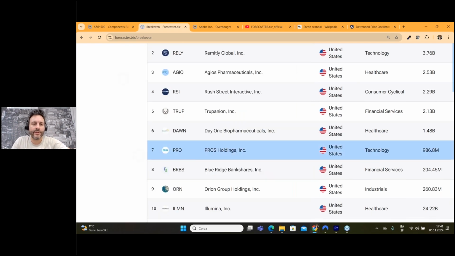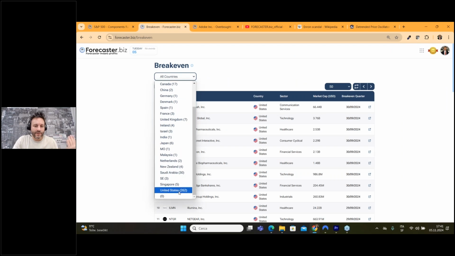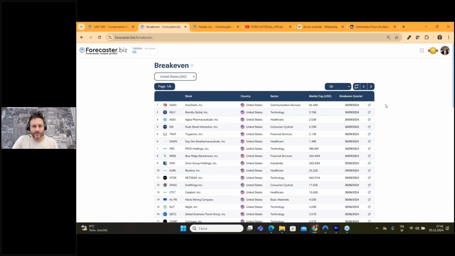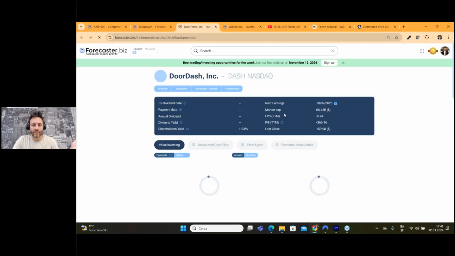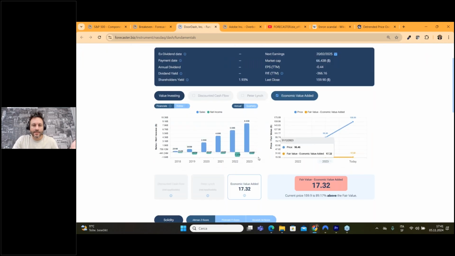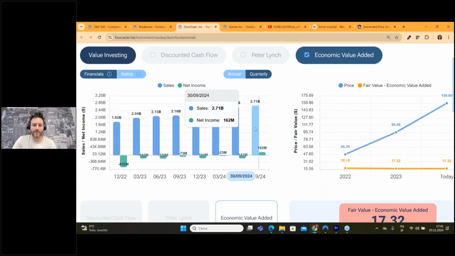And so this page gives us something very easy. It tells us all the companies that for the first time had a quarter in profit, as you can see.